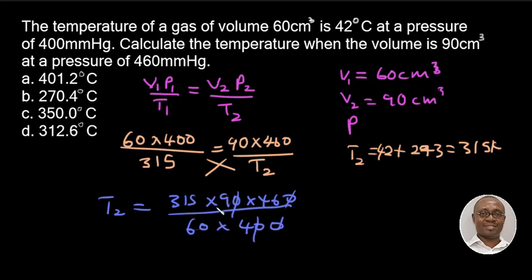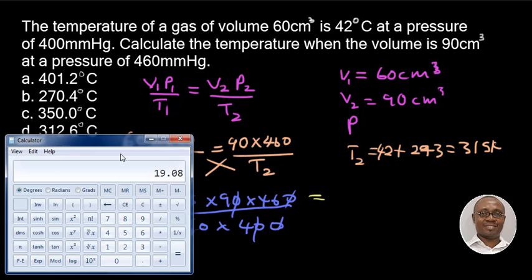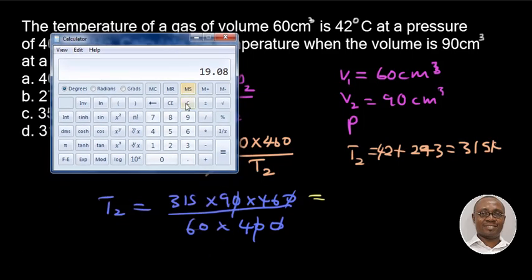Then we can use the calculator. So we have 315 times 9, then times 46.